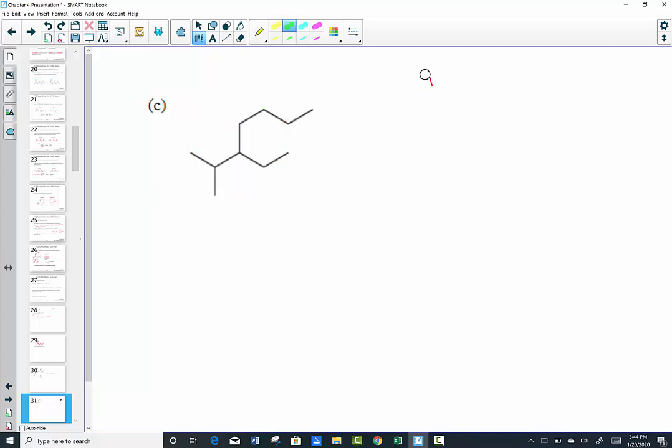And so to get the greatest number of branches, we're going to number this direction. 1, 2, 3, 4, 5, 6, 7. So I count 7 there. More branches.